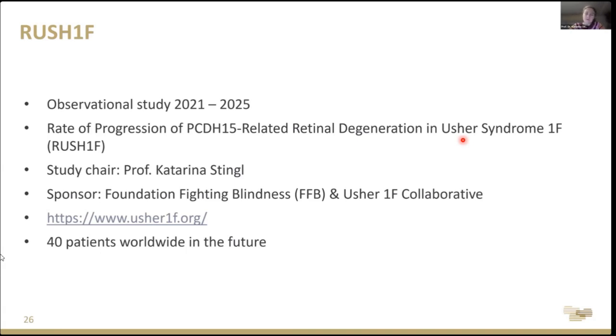I would like to mention the other clinical trial with Usher syndrome from Foundation Fighting Blindness, where I have the honor to be the study chair. This is an observational study on Usher 1F, PCDH15 related retinal degenerations, and because this is so rare, we've been happy finally to include 40 patients worldwide.